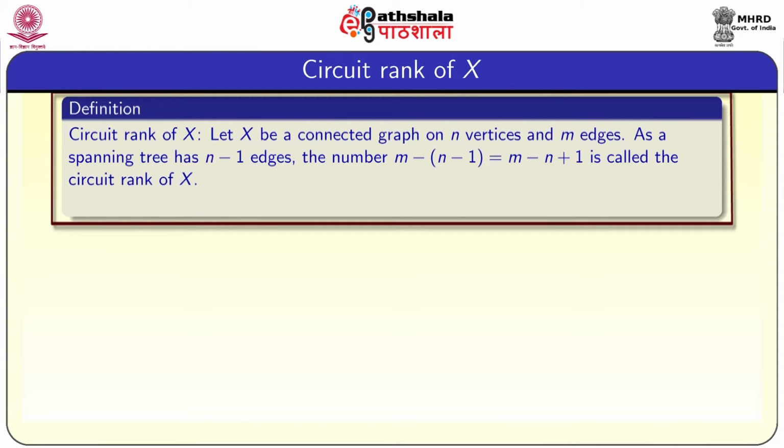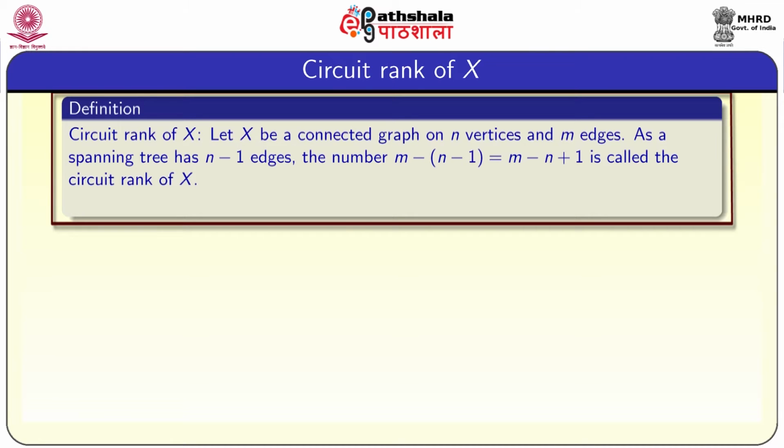Now, because of this, we are going to define the circuit rank of a connected graph X. Let X be a connected graph with n vertices and m edges. As a spanning tree has to contain n minus 1 edges, we will remove n minus 1 from m.